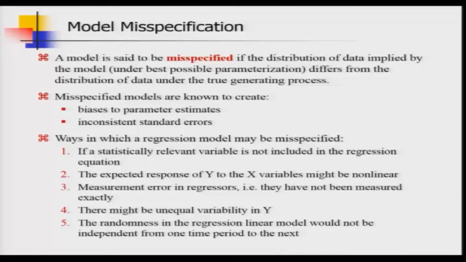When you write the classical linear regression model assumptions, you first assume that your explanatory variables are all fixed in nature. So, you assume that your x's are not random. They are all exogenously given to you.